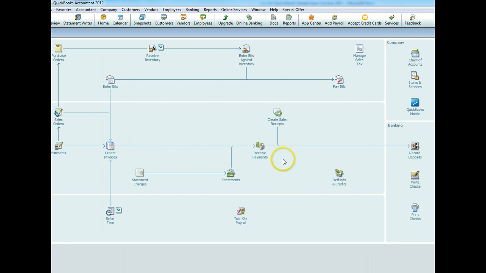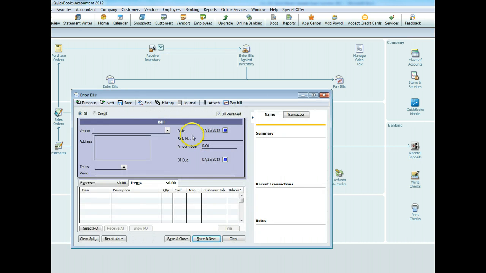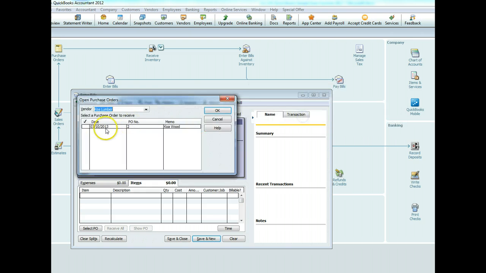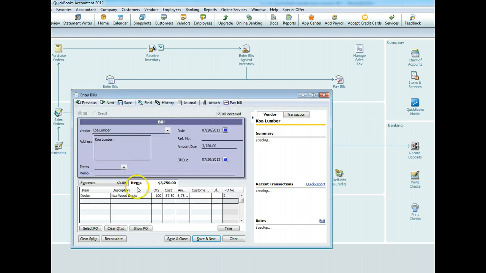Alright, so now we go and we take our truck down to pick up the lumber, July 20th. So we're going to receive inventory. It says we have a bill. It's now the 20th. And there's a bill for $4,000. Let's see, we're picking up the lumber. Yes, we're going to receive against the order.